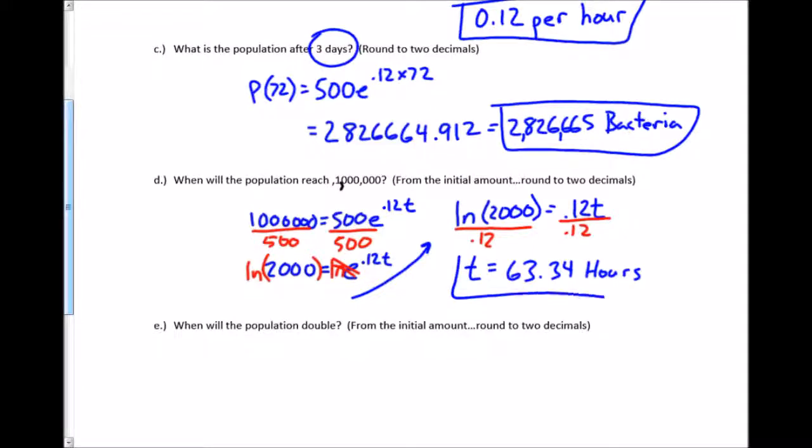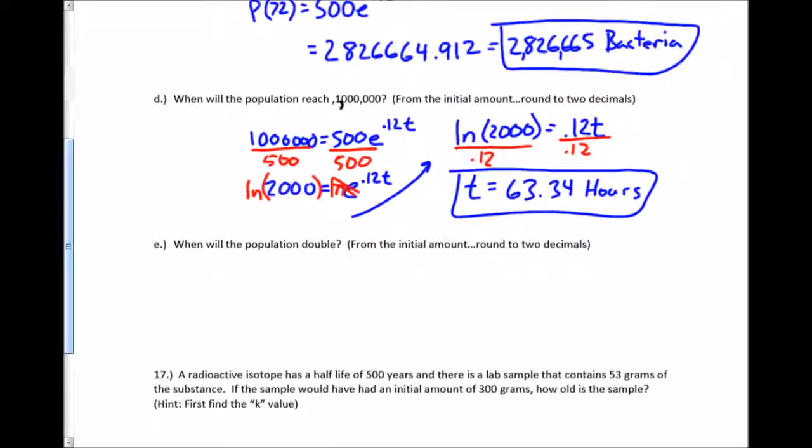All right. The next one, I want to do the same thing. I'm asking when will the population double. So I've got 500 e to the 0.12t. I'm solving for time, and I want to know when this thing equals 1,000. So I divide each side by 500. So I find out that 2 equals e to the 0.12t. I take the natural log of each side.